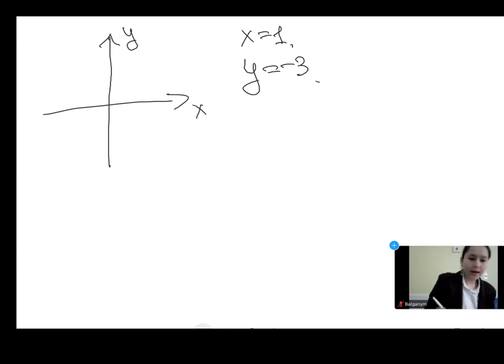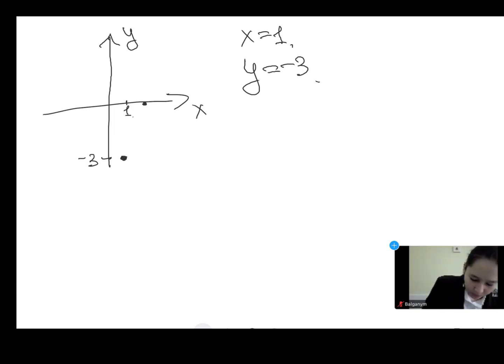It's x, it's y. So we have the x, it's 1 right here, and the y is minus 3. And we have the point here, and here we see the coordinates of the intersection point.